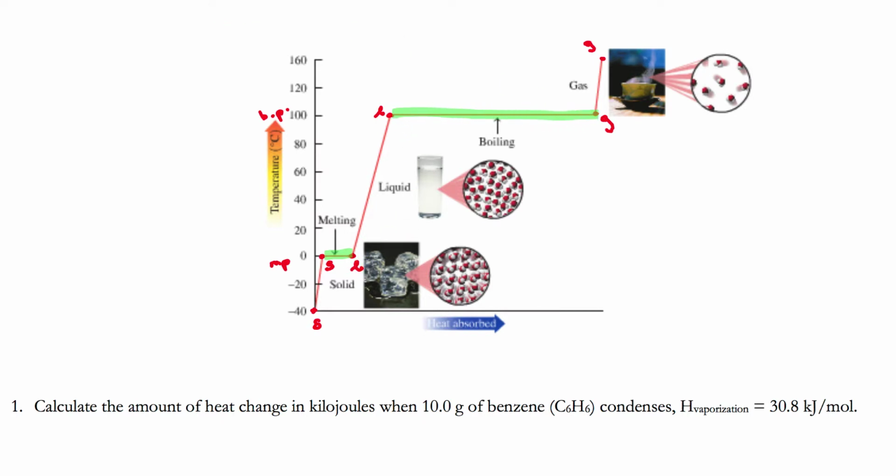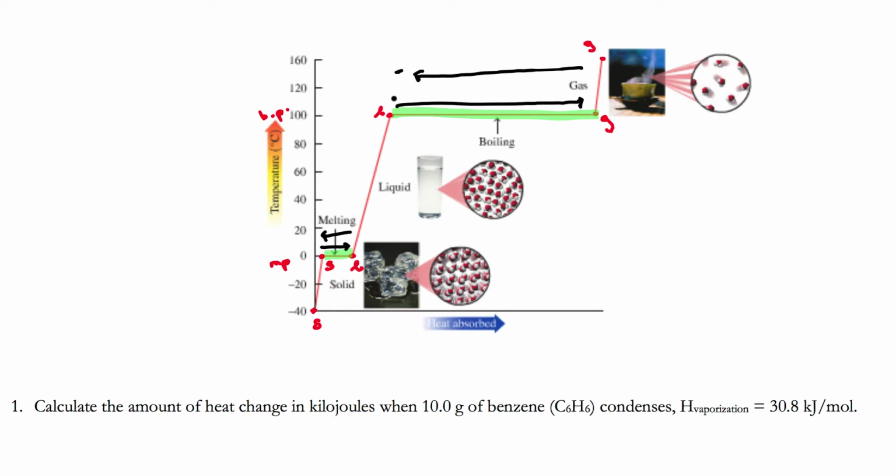Keep in mind, when you are moving from left to right, melting in that case, or when I am vaporizing, as I call it, or boiling is fine in this case, that requires heat. So the heat is going to be positive. When you go from right to left, when I go backwards, heat is actually going to be released, causing it to be a negative value.